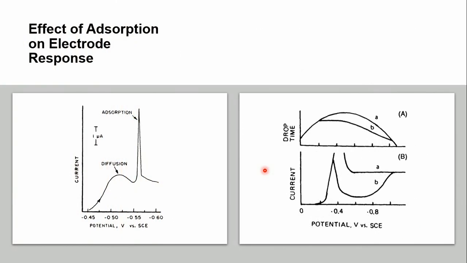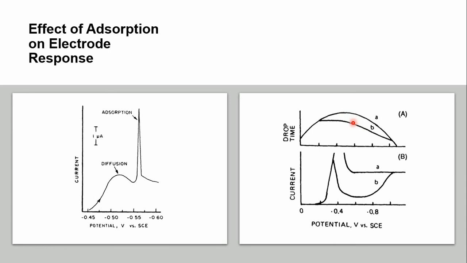Now here we see the effect of adsorption on the electrode response. This one is showing the electrocapillary curve of camphor in acetate buffer. If you look at the upper curve, that is the A curve, that is without camphor, and the second one is when camphor is added into the system. What we see is some pronounced inhibition effect on the curve during the process.